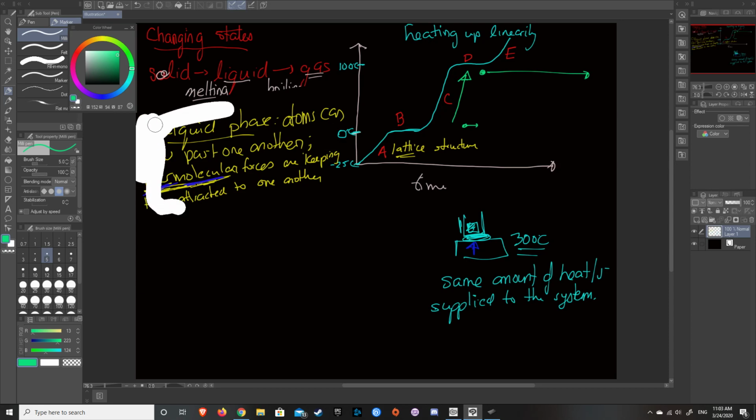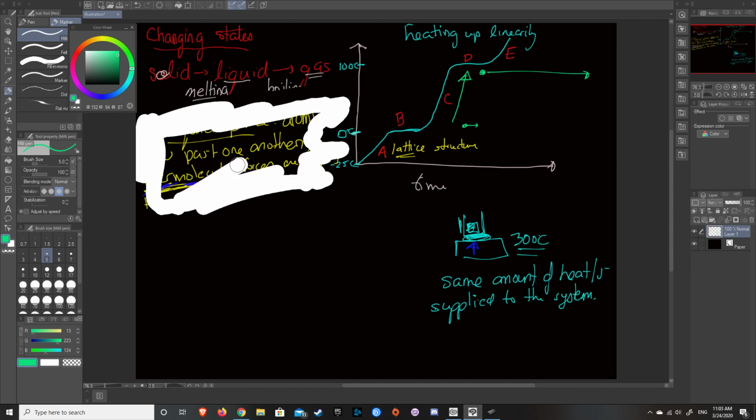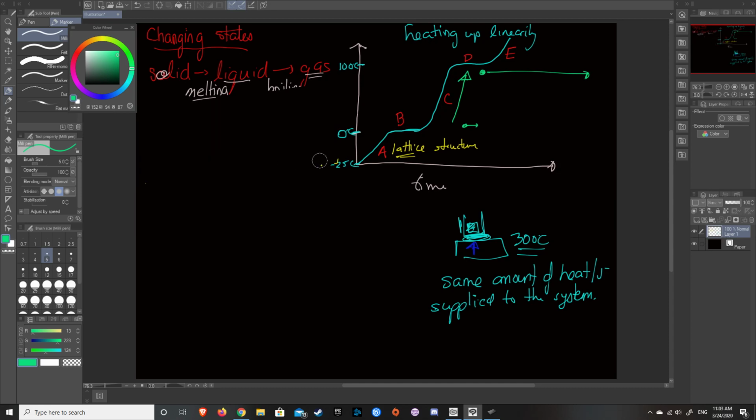Let me just erase this section over here. There we go, good enough. So for D, we've got D right here. We call this the boiling point. And this is the same thing as the melting point, in that there's no temperature change.